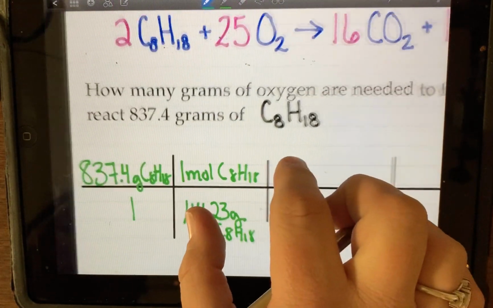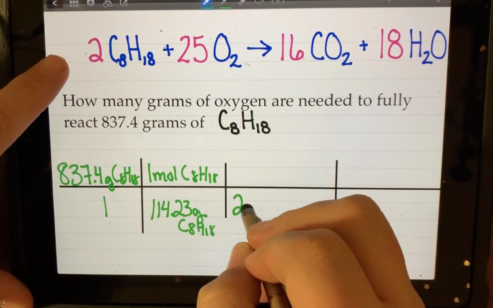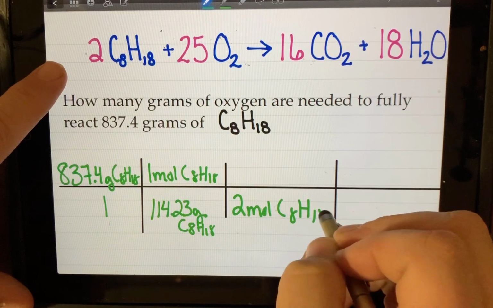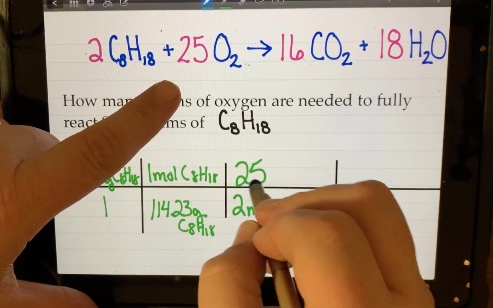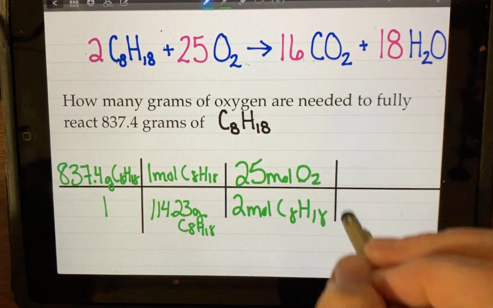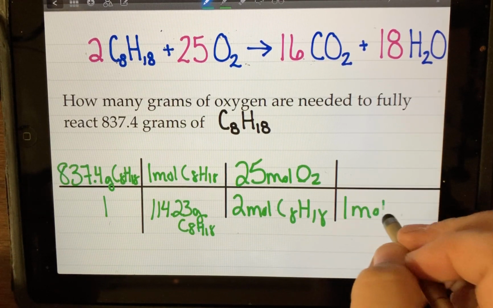Now, I go back to my balanced equation. There's a 2 in front, so I'm going to put 2 moles C8H18. And I'm one over with the oxygen. That's 25 moles of O2. And the final step, I need to get it back to grams.